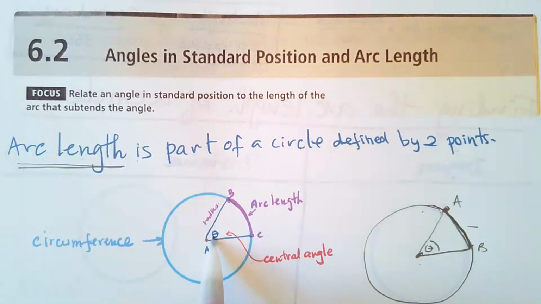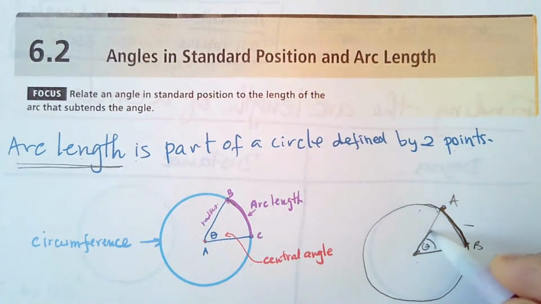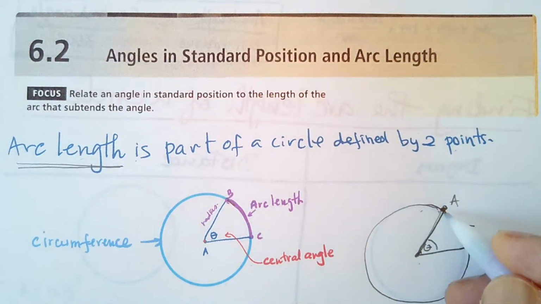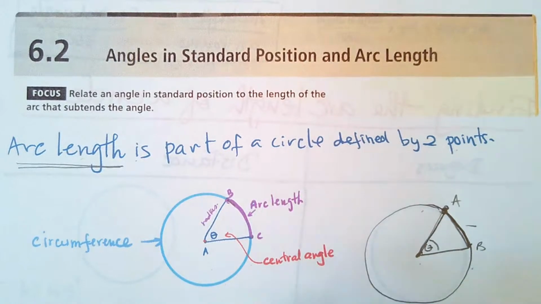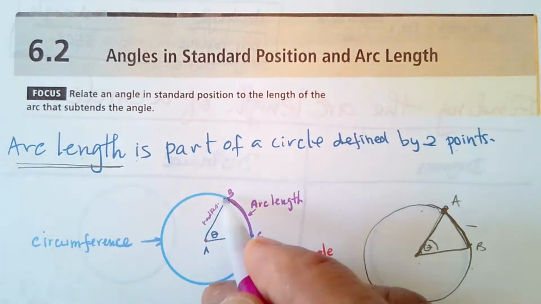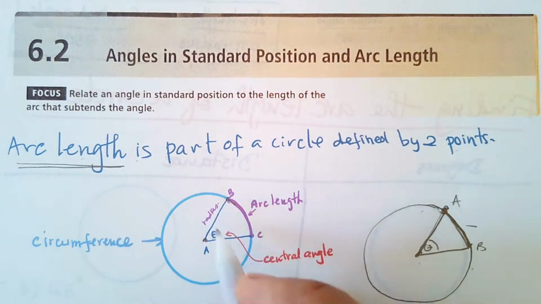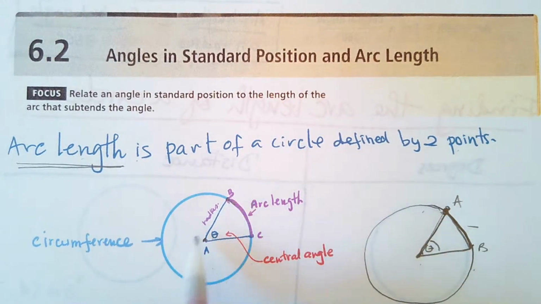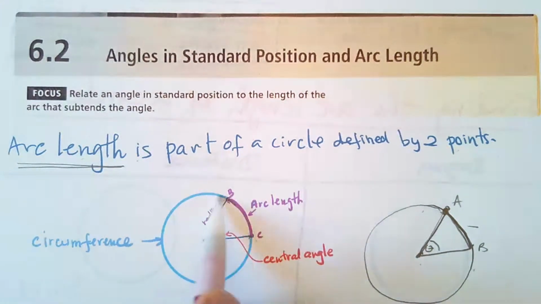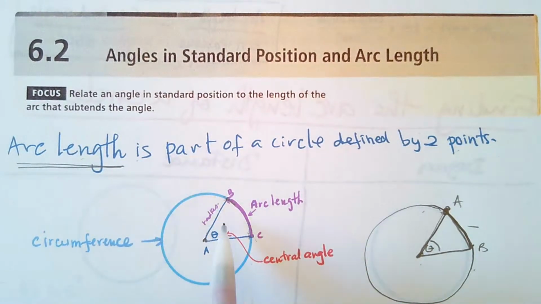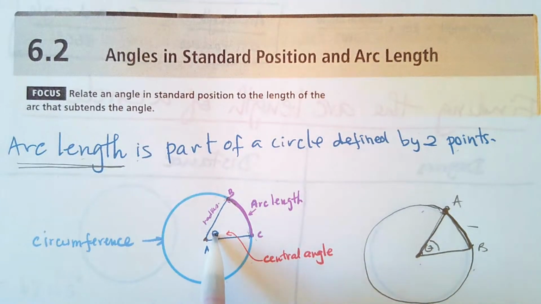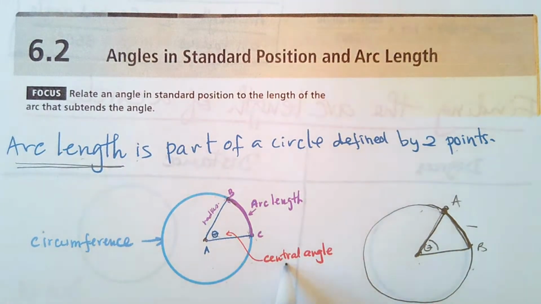The radius is from the center of the circle to the circumference of the circle. The angle that this arc subtends here, subtends means it's part of the circumference, is called the central angle.